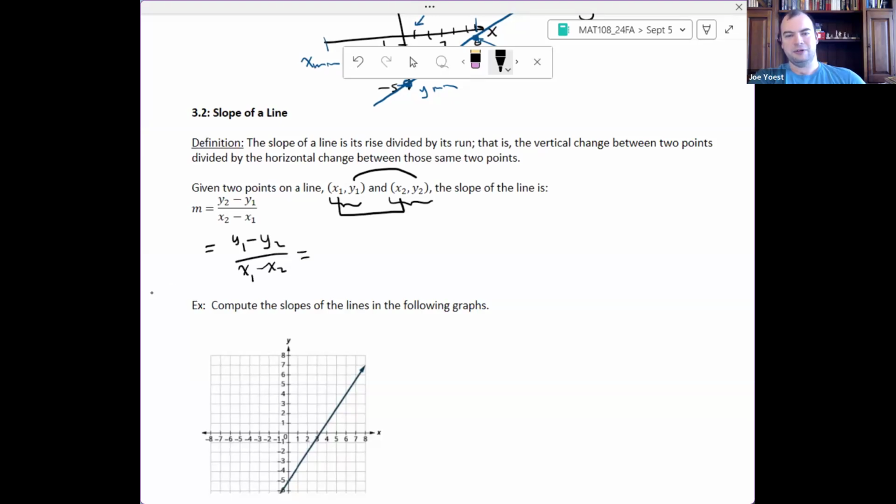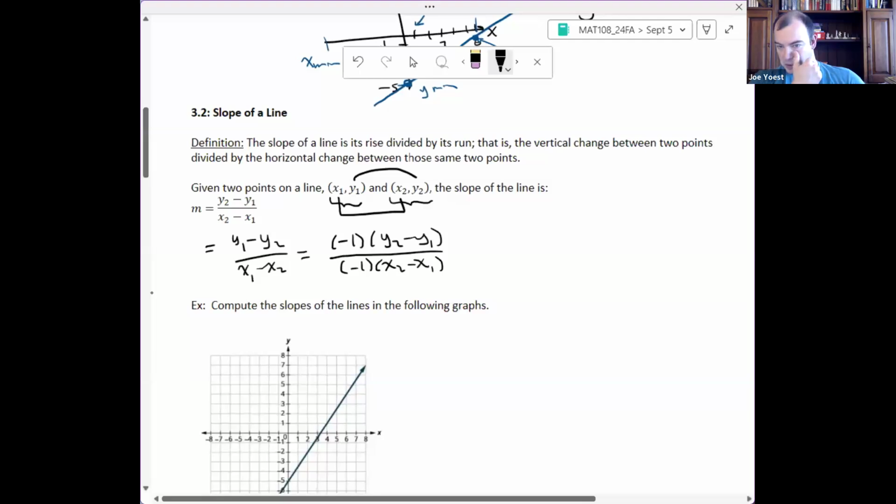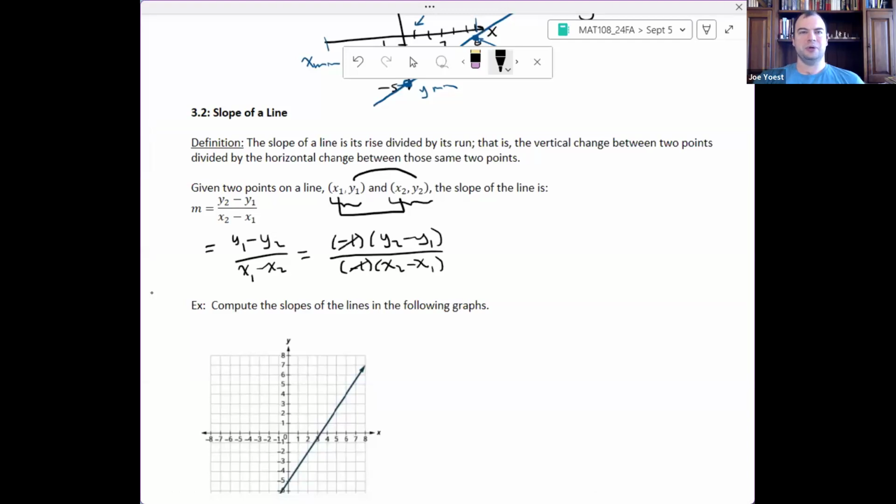Why is it the same slope? Well, I can factor a -1 out of the top and out of the bottom, and those -1s divide out. So it's not super important which point I call point 1 and which point I call point 2. It is super important that I stay consistent. If I say this point is point 1 and this point is point 2, point 1 has to have x1 and y1, point 2 has to have x2 and y2.